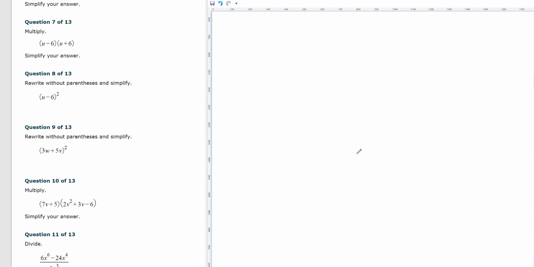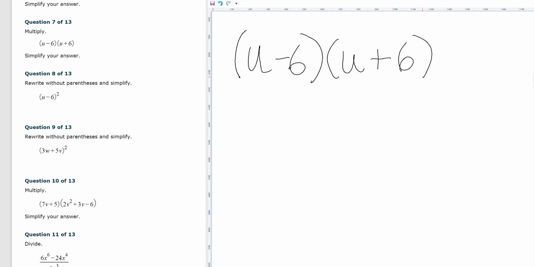Number 7, multiply. u minus 6 times u plus 6. Well, this is also the double distributive. The u has to be multiplied times both. Then the minus 6 has to be multiplied times both. But a pattern is going to emerge here.